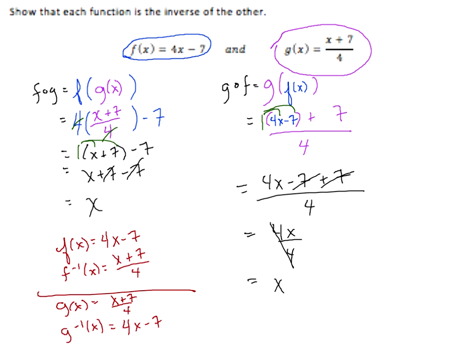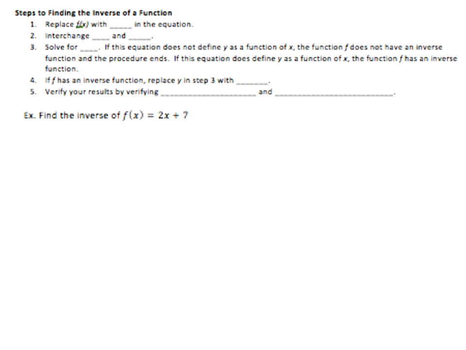It doesn't matter which way you write it, but be careful and make sure when you're doing your homework in MyMathLab that you're giving them the answer that they want. They will tell you what f of x is, and then you will be finding f inverse of x or verifying it. Okay, so that's if you're given two functions and asked if they're inverses of each other.